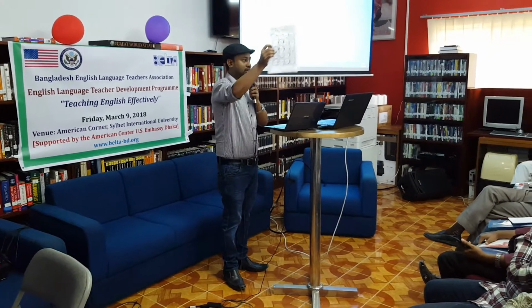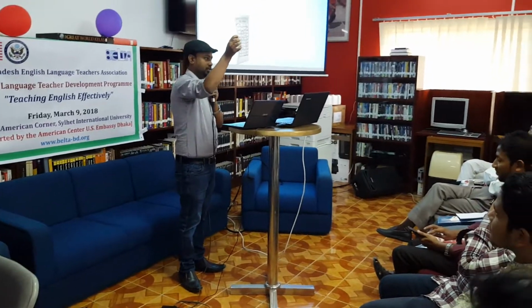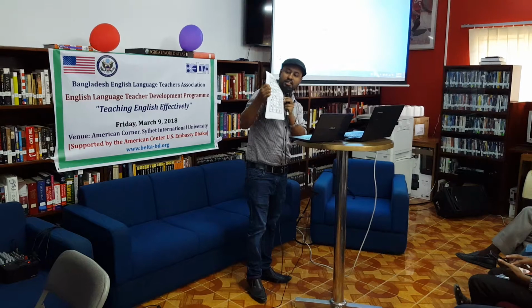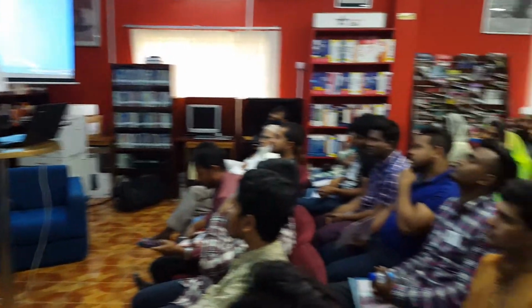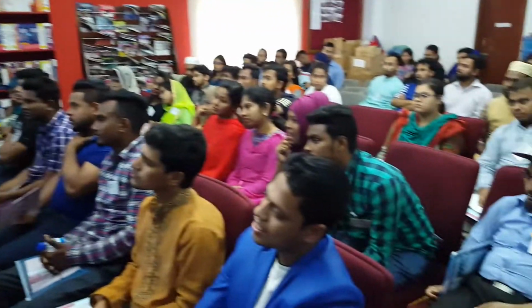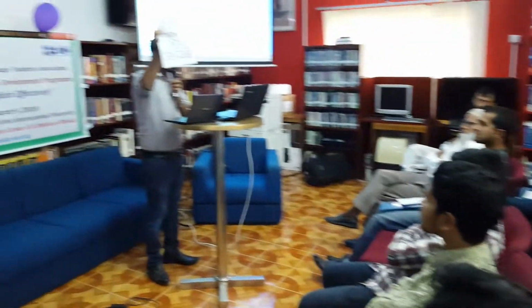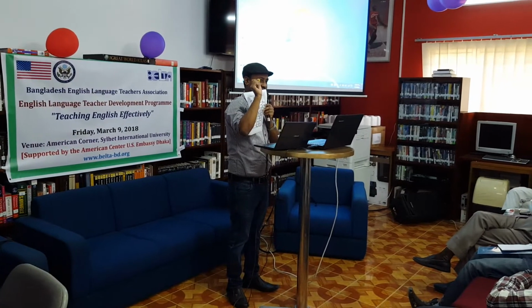Here you see the board. In that board, instructions have been given. There is the starting point, and this is the finishing point. You need to start according to the dice points.